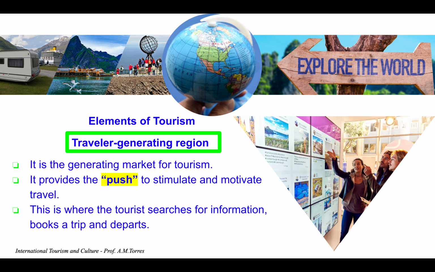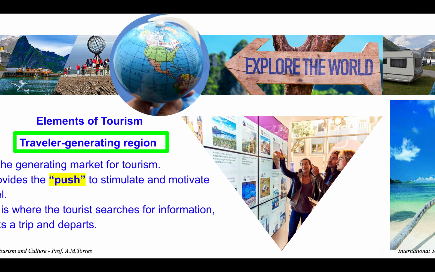So, simply saying, this is where the tourist searches for information, books a trip, and departs. Okay? So, to review the first two elements, first we have the tourist as the actor in tourism. Next, we have the traveler generating region.